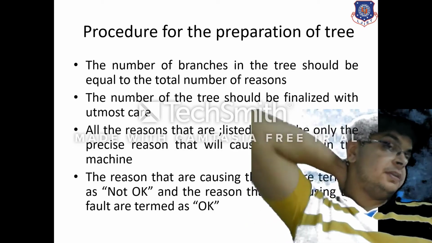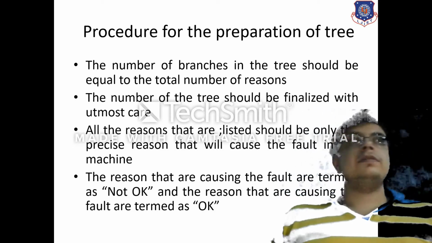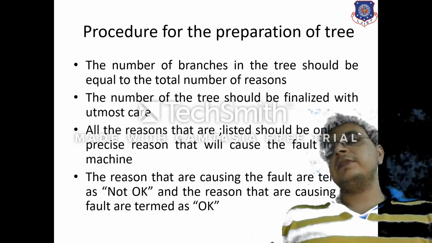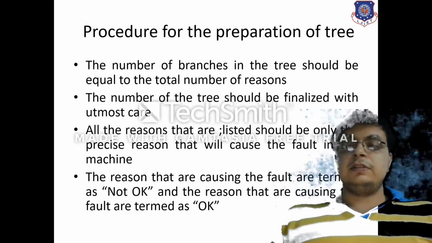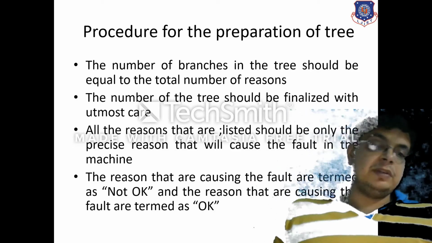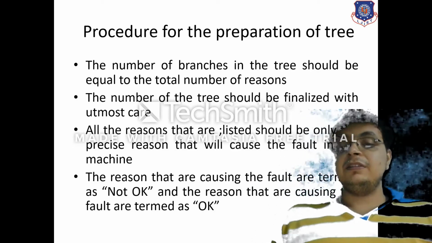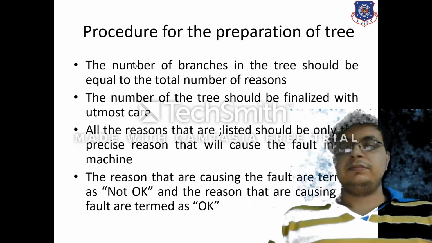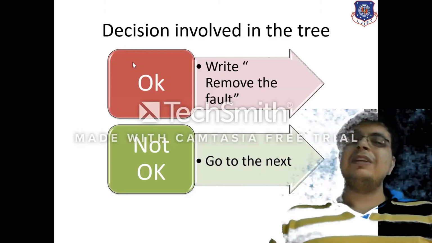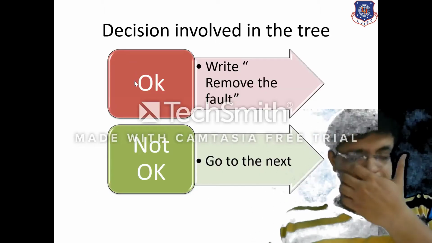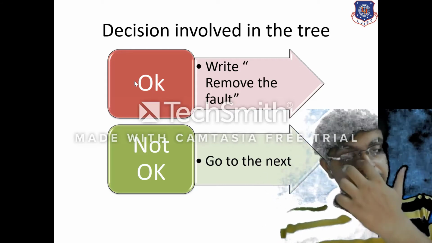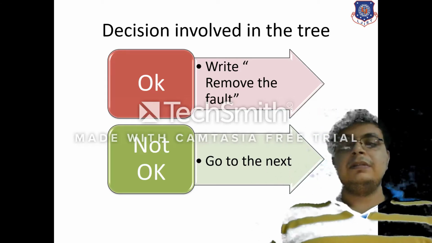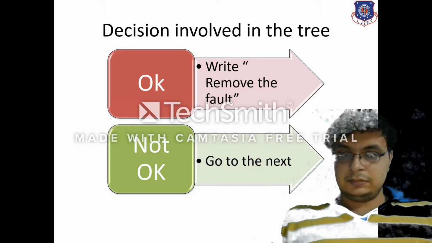The next is the nomenclature, which means the final conclusion of the result should be made, and it should be written either as not okay or okay. If the reason is causing the fault, it should be written as not okay. The reason that is not causing the fault should be written as okay, meaning we have to remove the fault, we have found the fault.